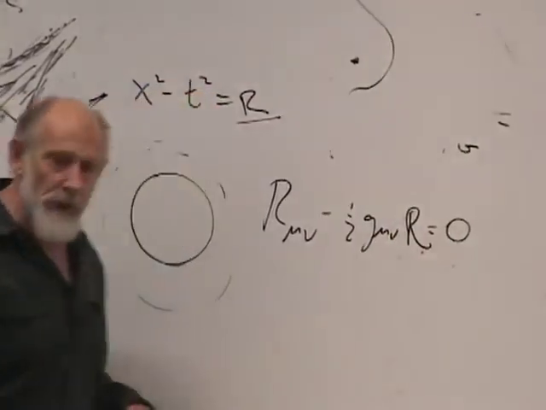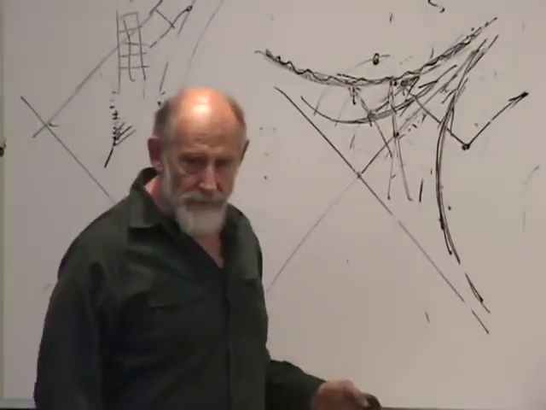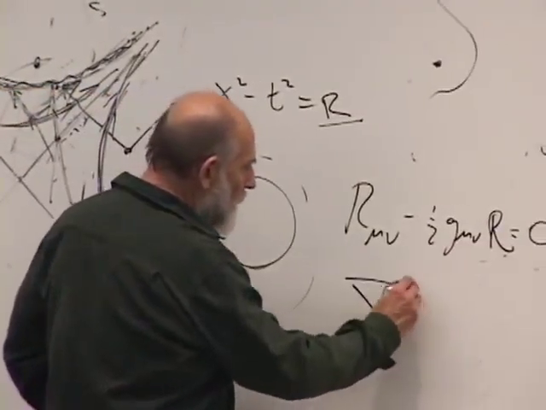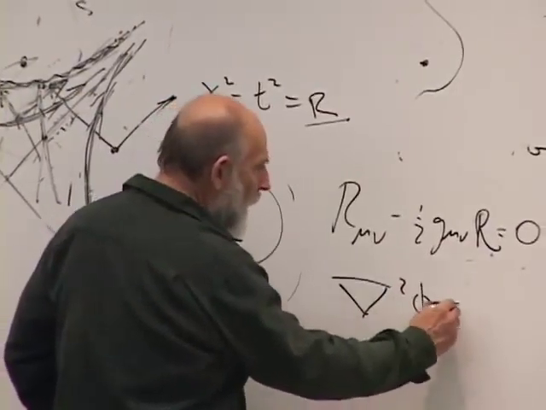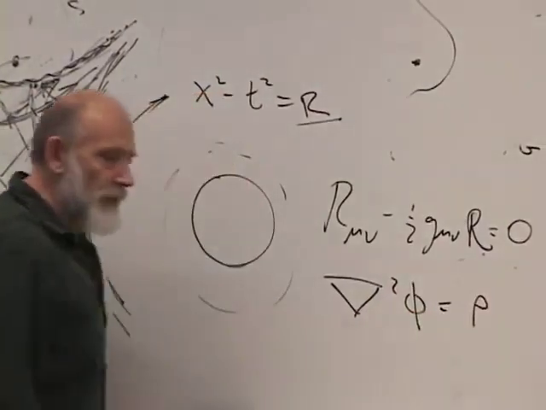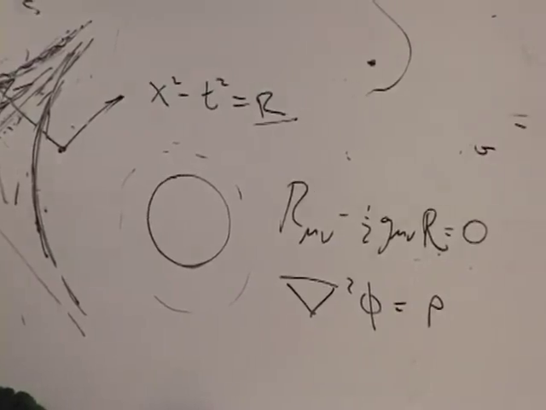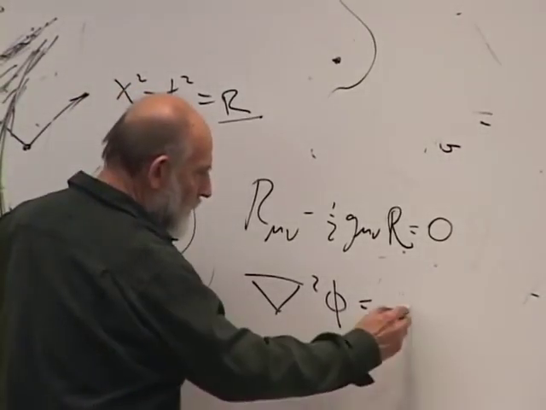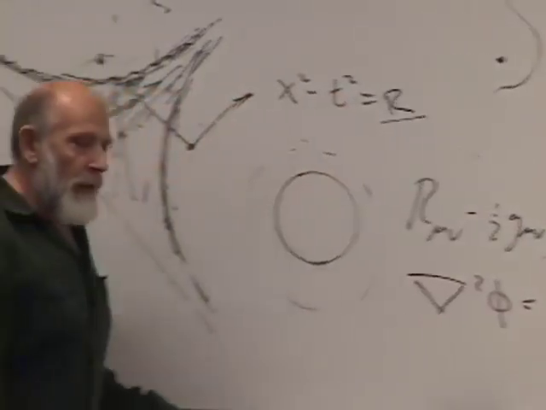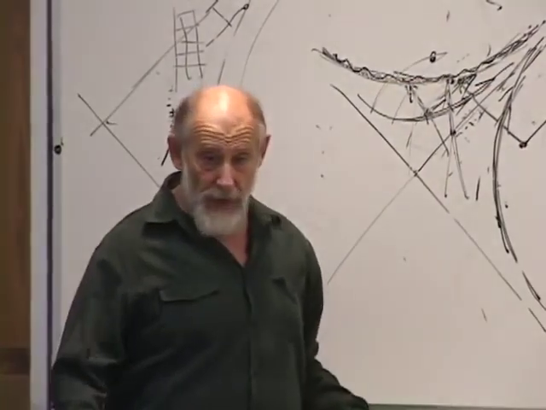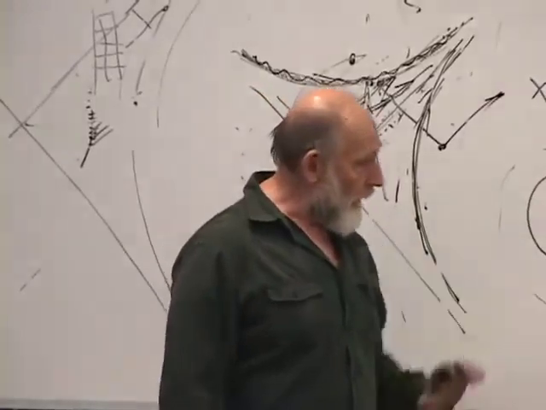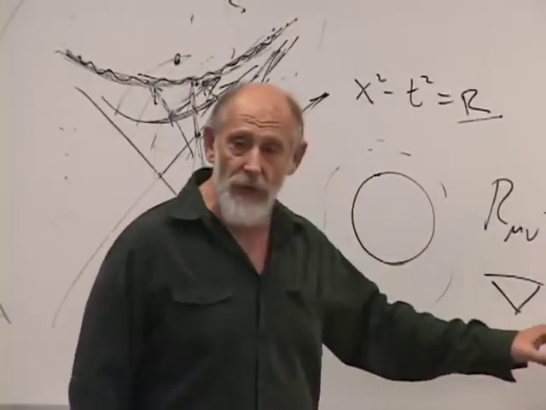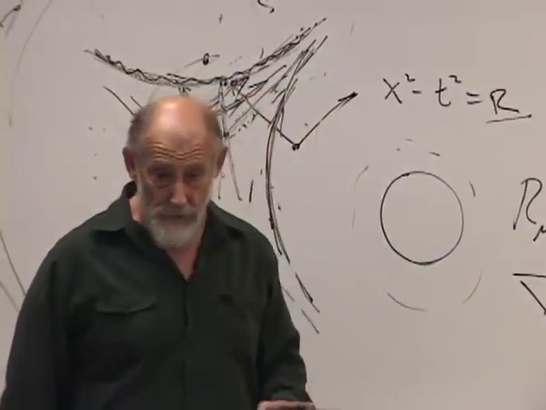Those are Einstein's equations in the absence of any matter. It's exactly the same as Newton. In Newton, you would write del squared of the potential equals the mass distribution, and outside the mass distribution, you would write 0. You know that inside something's happening, but outside there's nothing happening. And so you ask, what are the general solutions of this equation under certain conditions?